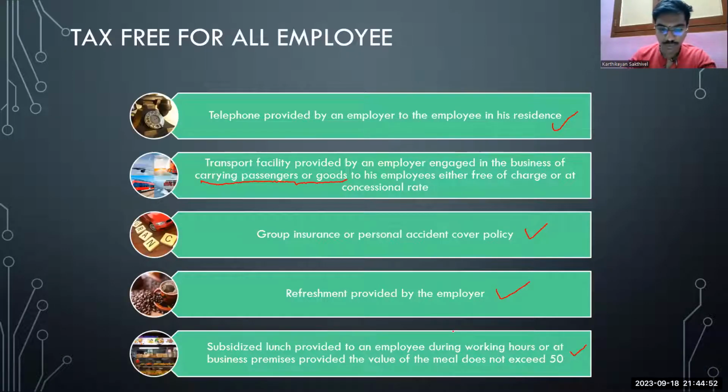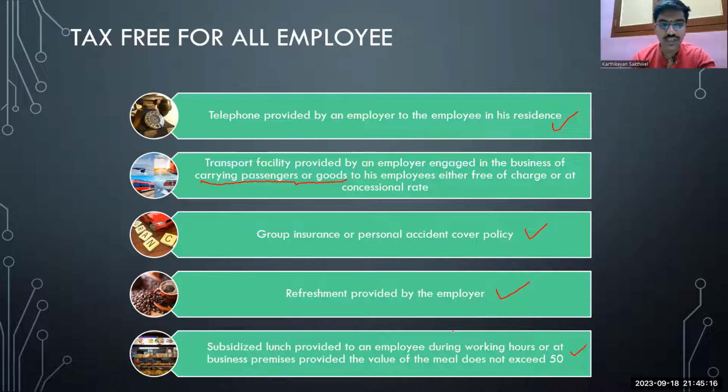As far as tax-free perquisites are concerned, first thing is if the telephone is provided by an employer to the employee in his residence, then it is not taxable. Next, if the transport facility is provided by the employer engaged in the business of carrying on goods or passengers, then it is not taxable. Then group insurance or personal accident cover policy, if it is taken by the employer for the employee, it is not taxable.